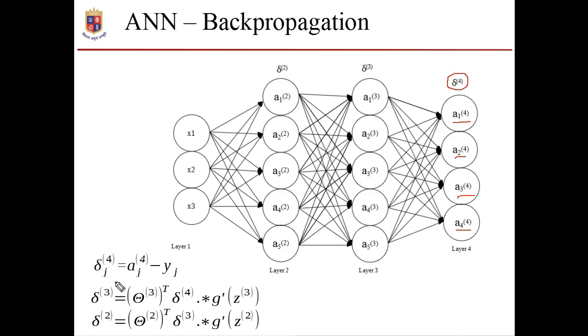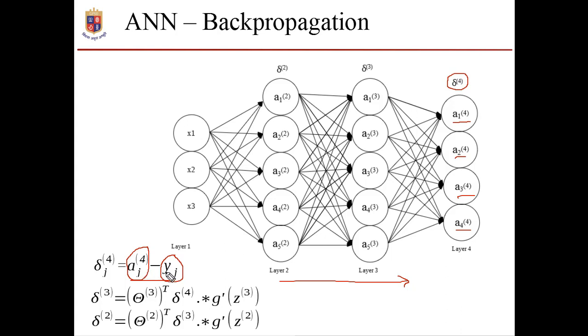Delta J4 equals AJ4 minus YJ. Now this is basically seeing the accuracy level of the model. The Y is the value which you already have, and AJ4 is the component of the output layer, which has been derived from the model by the forward propagation. So you derived something from the model and you have something available with you.